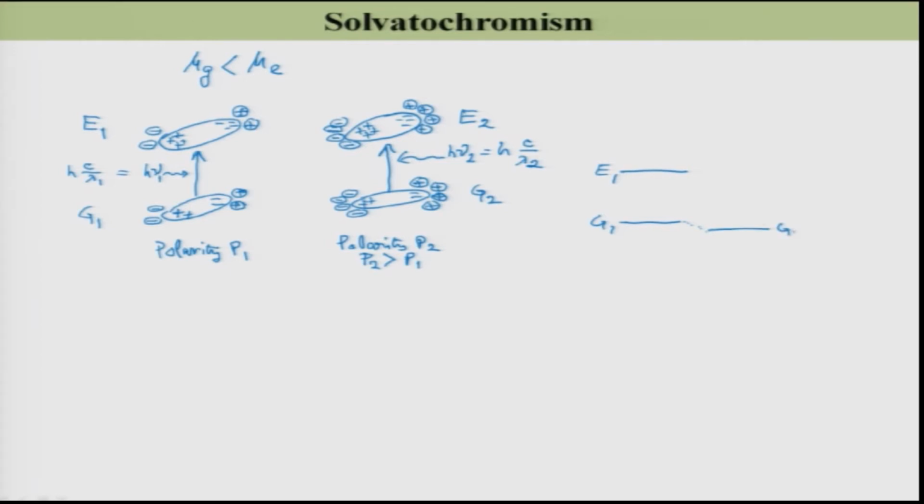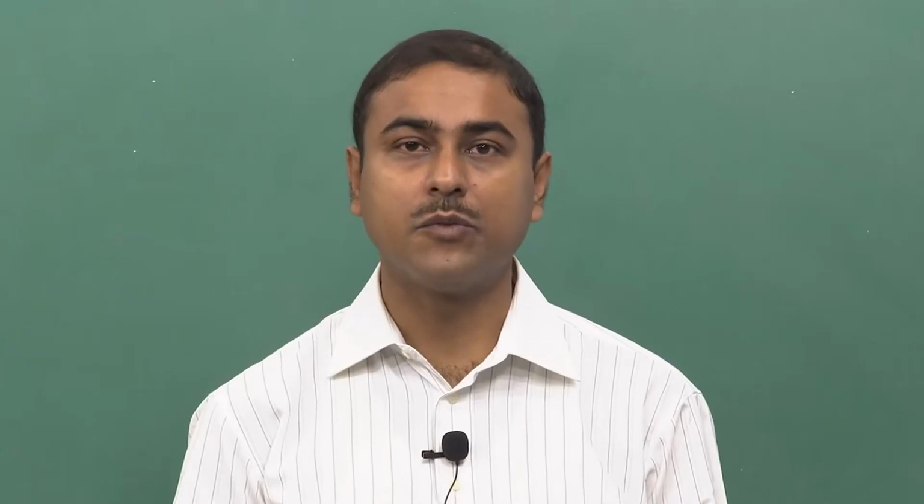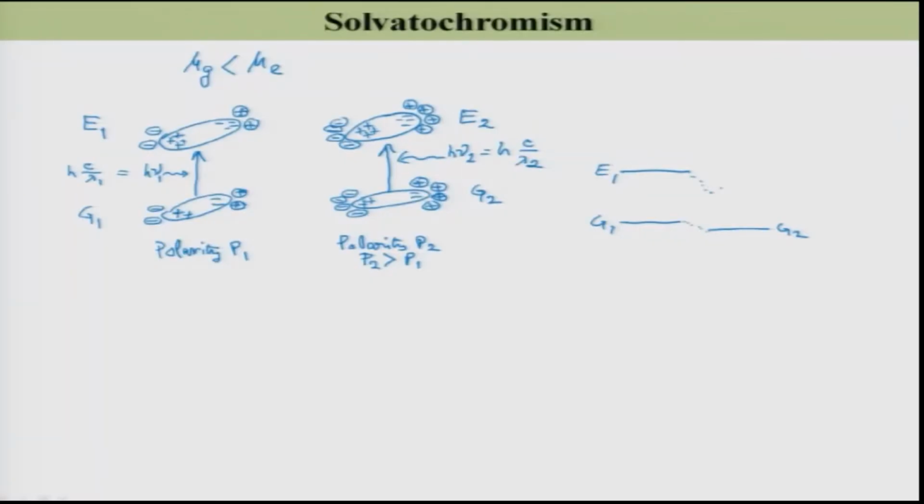So this is my G2. However, as the excited state dipole moment is more, the energy minimization of E2 compared to E1 will be much more than for the ground state. So here it will be E2, right.